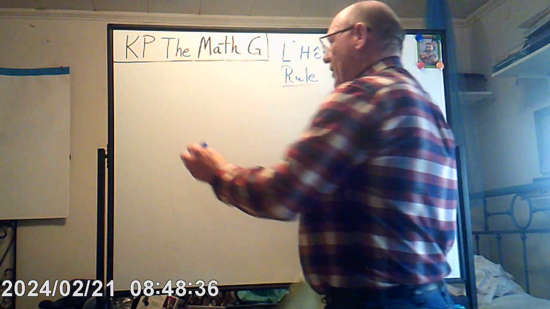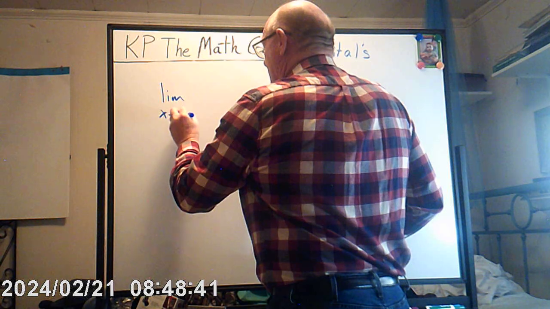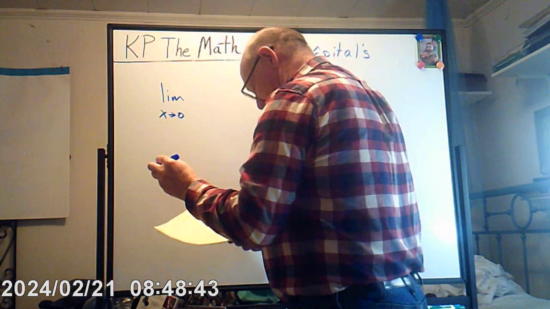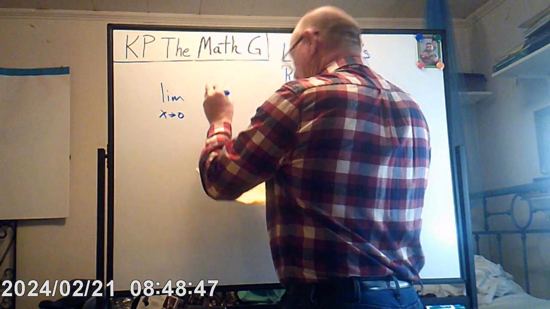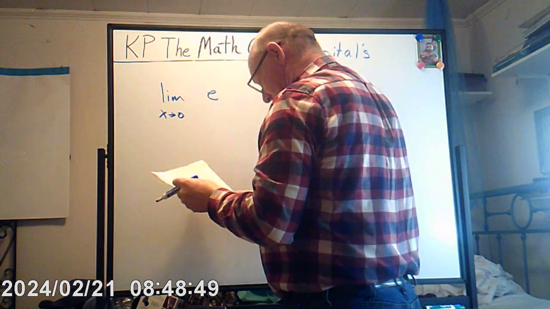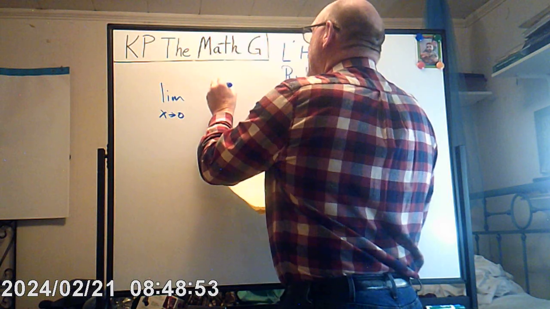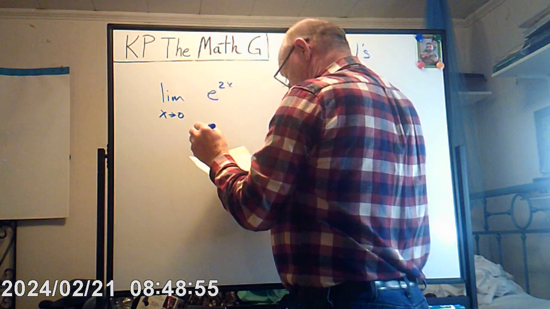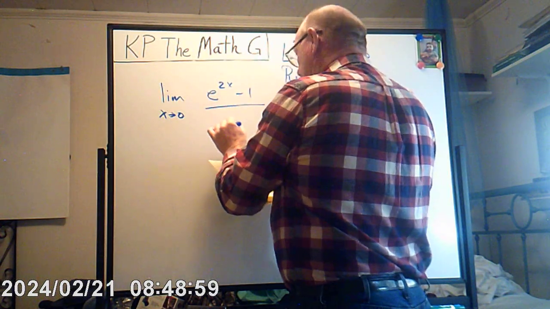If I were to say the limit as x approaches 0 of e to the 2x minus 1 over x.